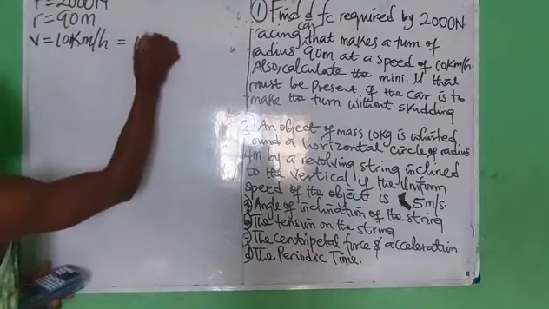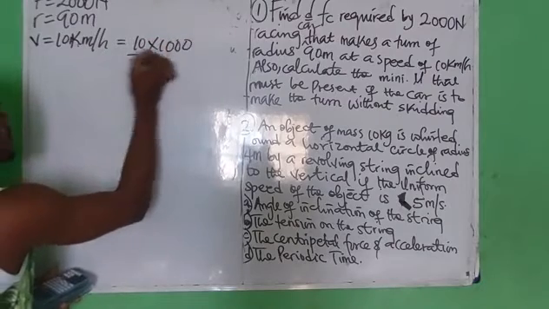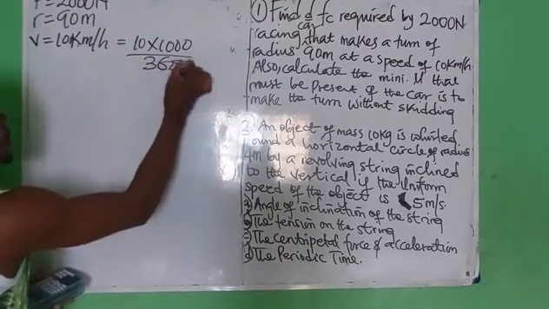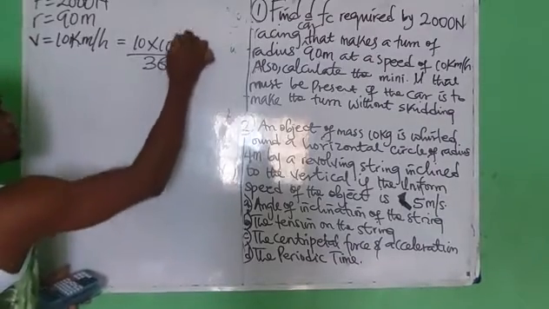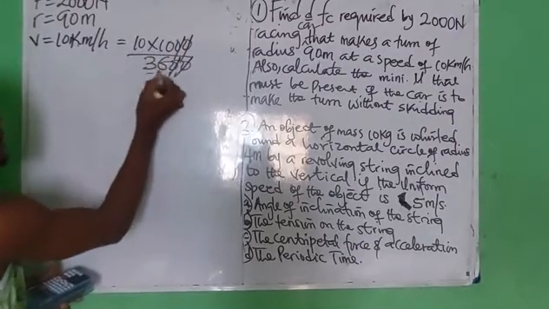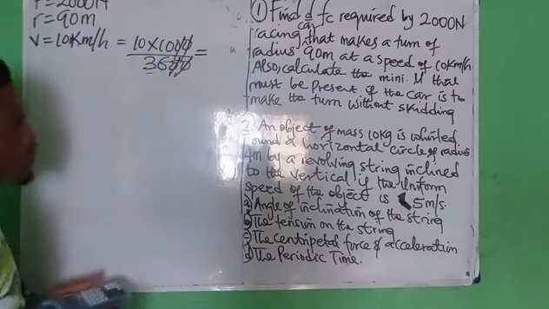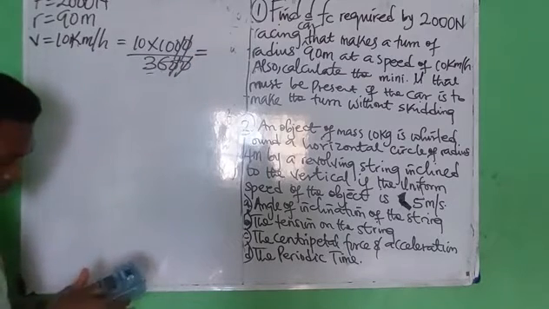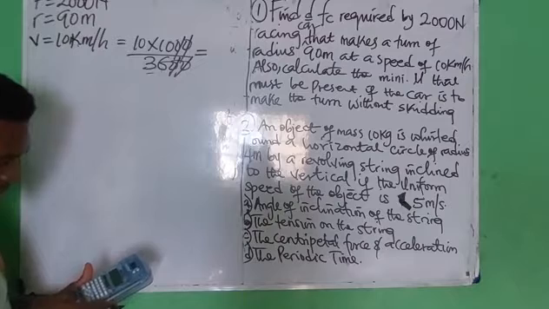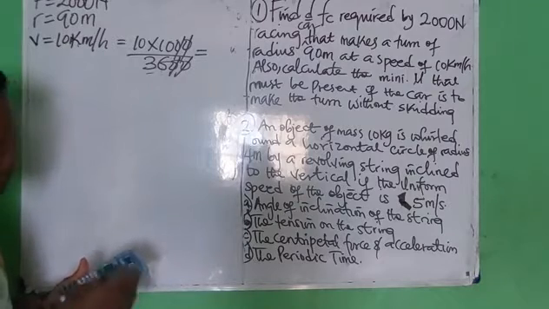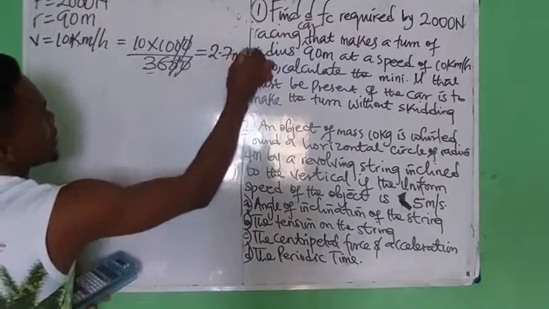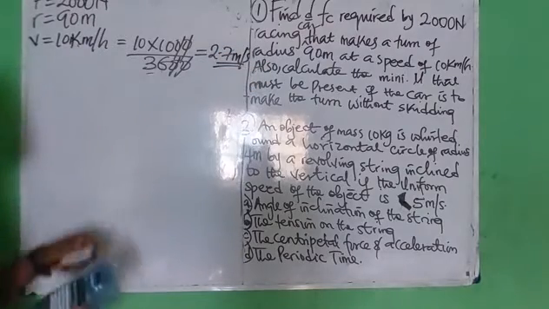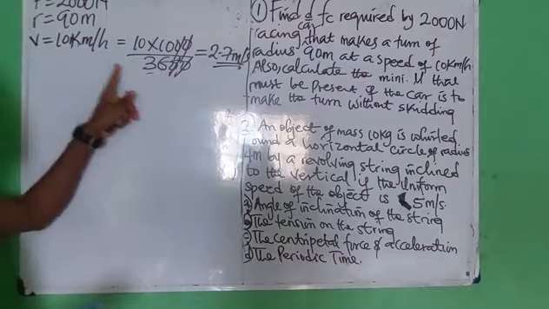So it becomes 10 times 1000 divided by 3600. So this will go into this. 100 divided by 36 is about 2.7. Let me try it. 100 divided by 36 equals 2.77. So 2.7 meter per second. So I've been able to convert from kilometer per hour to meter per second.